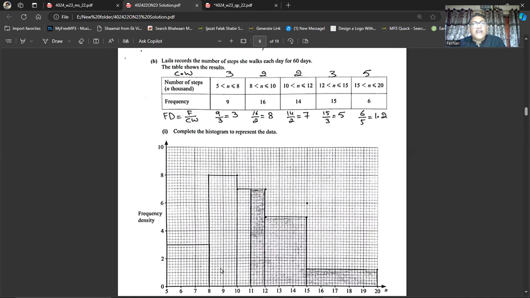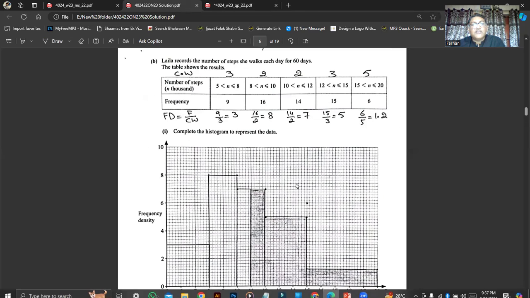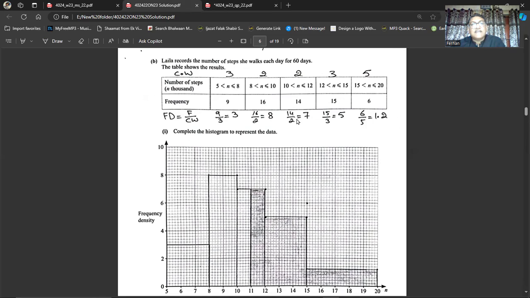From 8 to 10, the frequency density is 8. From 10 to 12, the frequency density is 7. You can see I have represented this bar. And from 12 to 15, the frequency density is 5. From 15 to 20, the frequency density is 1.2. So this is how you will make the histogram.